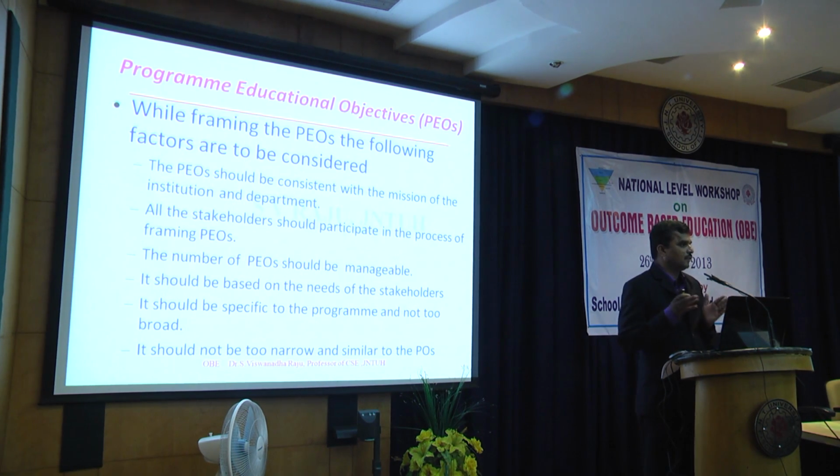We can define 4 or 5 or 6 or 7 or 8. But as per our NBA criteria, they are saying only 5 or 4. But you can divide as many as you wish, but you need to justify it with evidence. That is very important. It is common sense only.